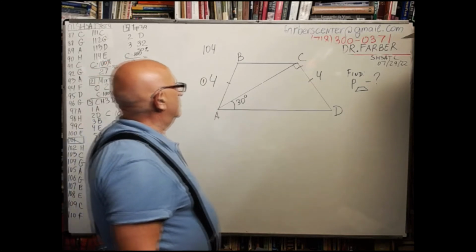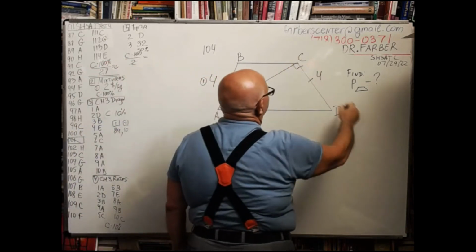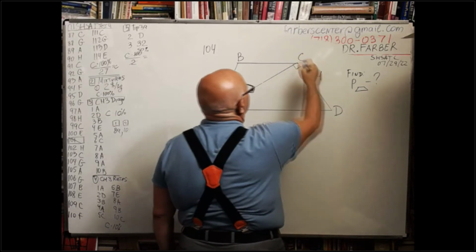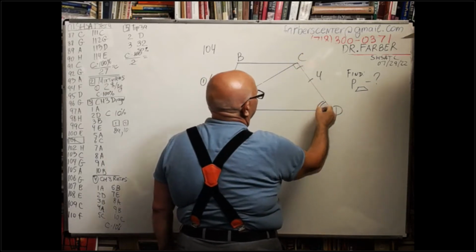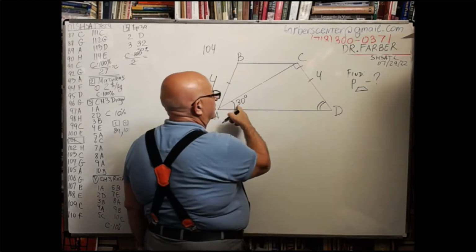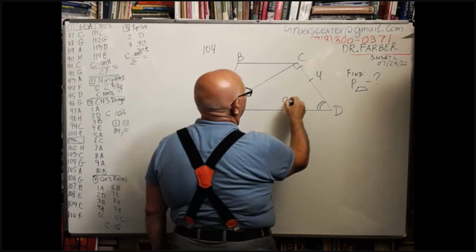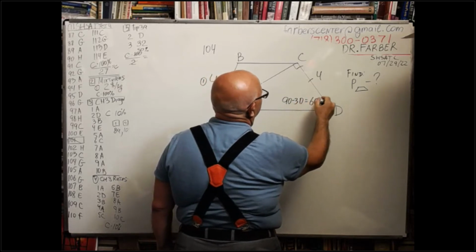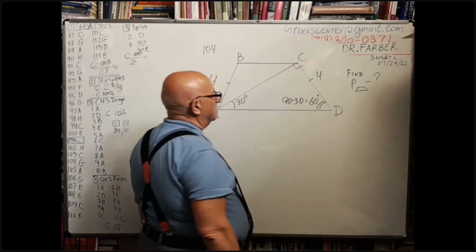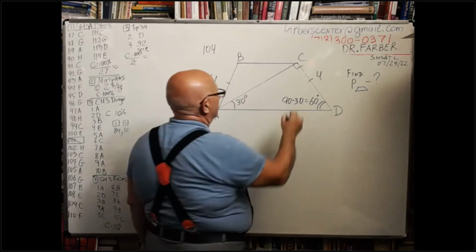Step number 2: since this triangle is a right triangle, angle D is complementary to this angle, equal to 90 minus 30, which is 60 degrees. This is step number 2.